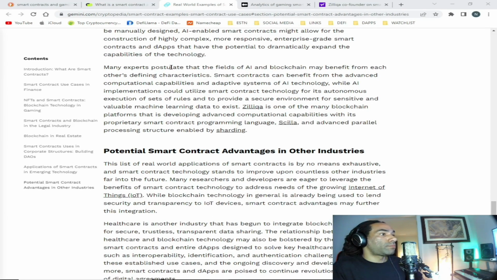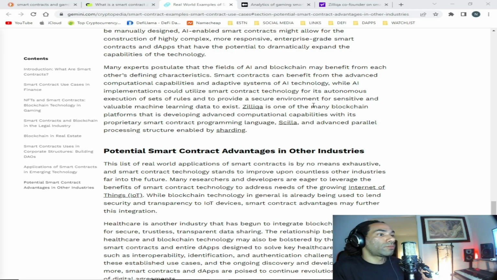Many experts postulate that the fields of AI and blockchain may benefit from each other's defining characteristics. Smart contracts can benefit from the advanced computational capabilities and adaptive systems of AI technology, while AI implementations could utilize smart contract technology for its autonomous execution of sets of rules and to provide a secure environment for sensitive and valuable machine learning data to exist.